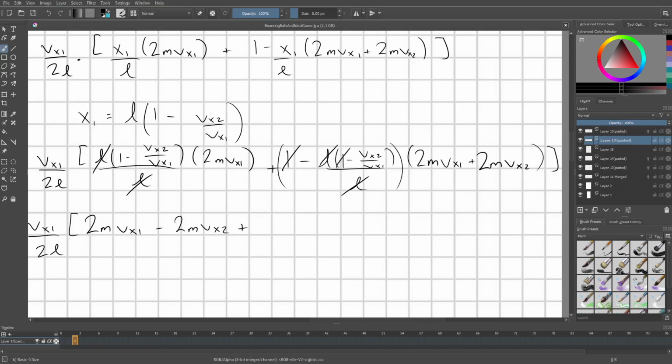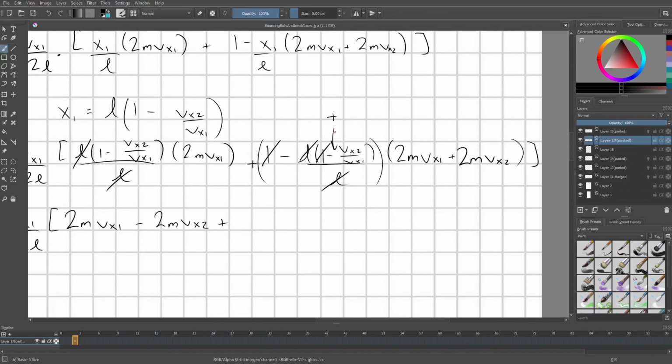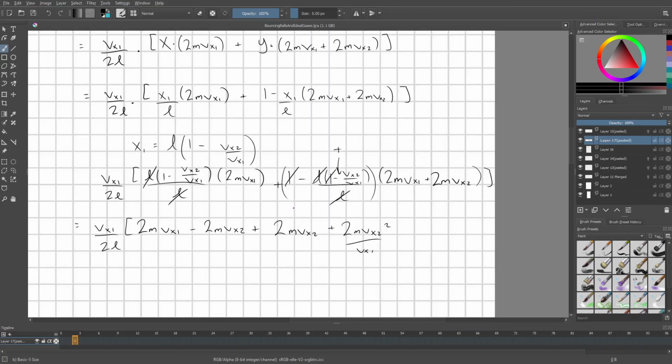This is going to cancel with this one. And this minus minus is going to make this guy a positive vx2 over vx1. So all we got to do is expand this term out. And so we're going to get 2 times mvx2 plus 2mvx2 squared over vx1. And wow, would you look at this?